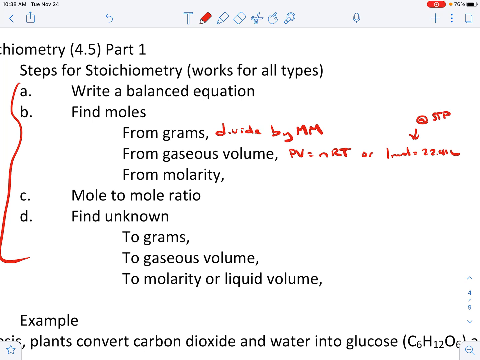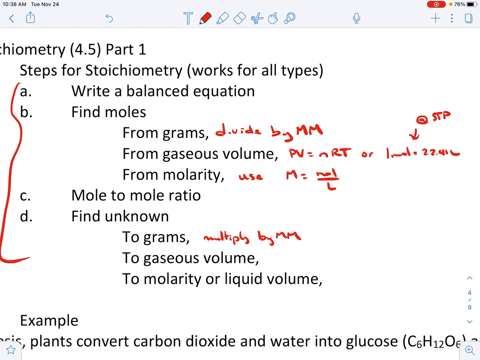All right, and then from molarity, we're going to use our molarity equation, moles over liters. Then we're going to do our mole ratio to find our unknown. To find grams, we will multiply by molar mass.